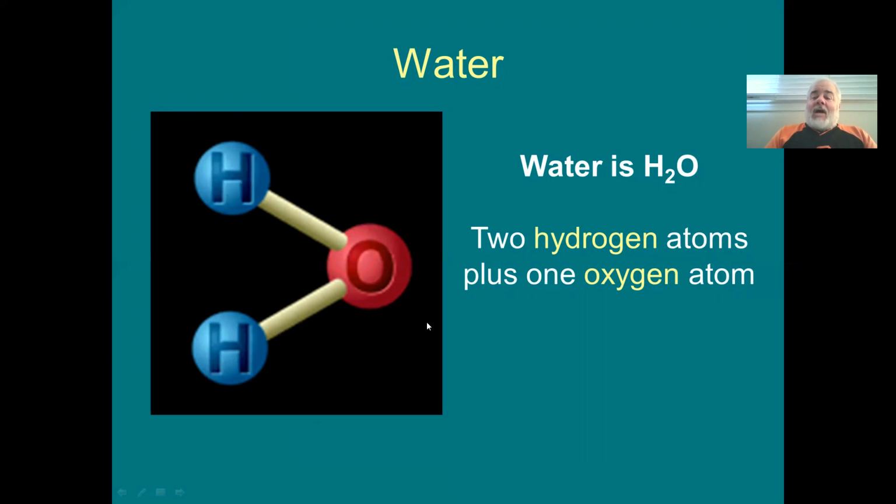But because the oxygen is so much larger with 8 protons, it has a stronger pull on those orbiting electrons. So the electrons tend to orbit nearer to the oxygen than you would expect just on average if they were orbiting in a stable pattern. You would expect the electrons to be evenly distributed around this water.